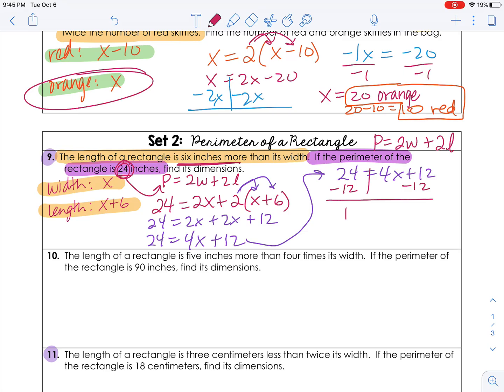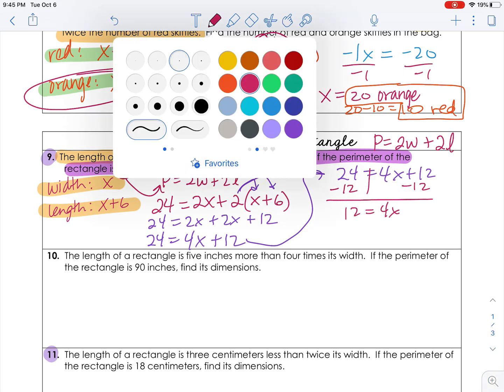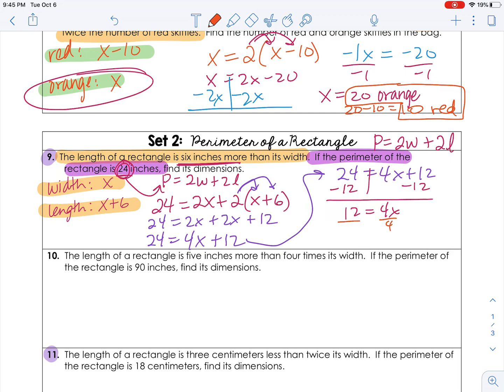So 12 equals 4x. Divide both sides by 4, so x is 3. Now, when we're talking about perimeter, we do have units. We measured this rectangle with inches, so this is 3 inches.